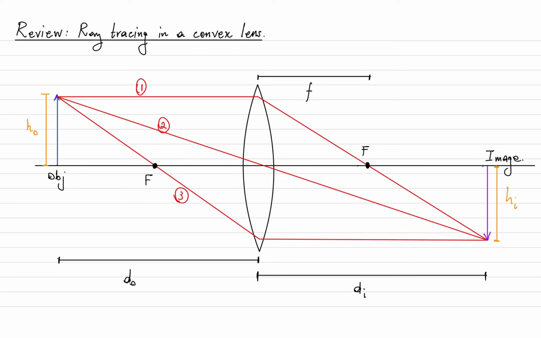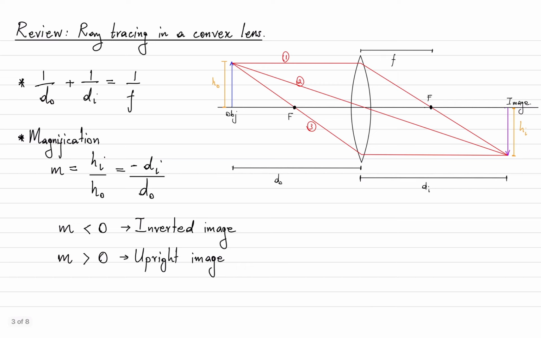Okay, so now let's talk about the relationship that we had between all these parameters, these distances. We know that the reciprocal of the object distance plus the reciprocal of the image distance is equal to the reciprocal of the focal length. This is what we called earlier the thin lens equation.